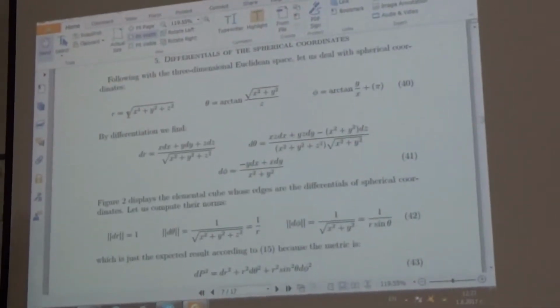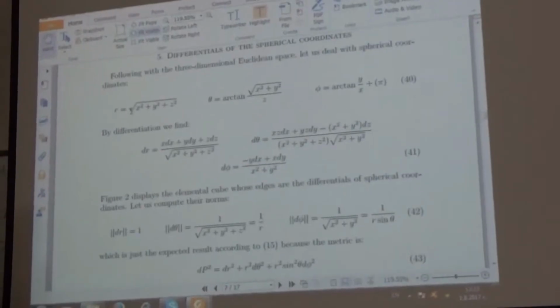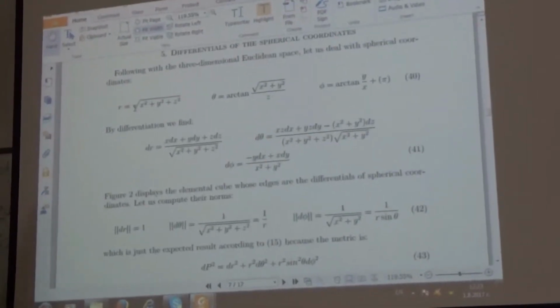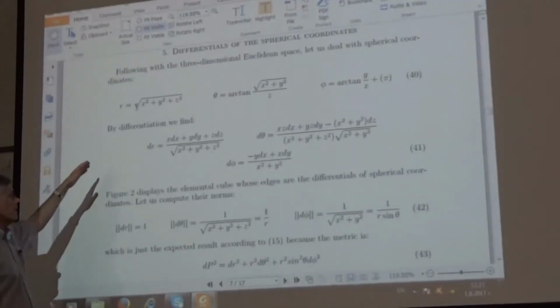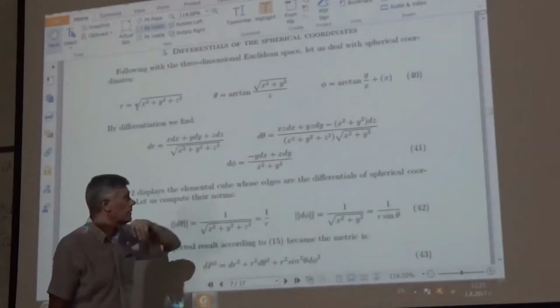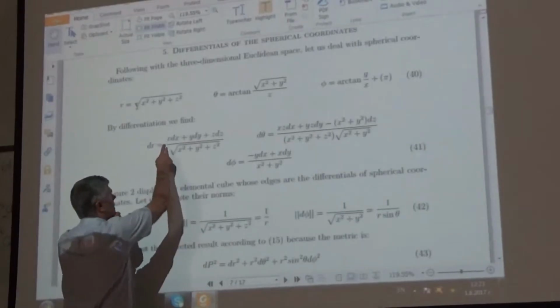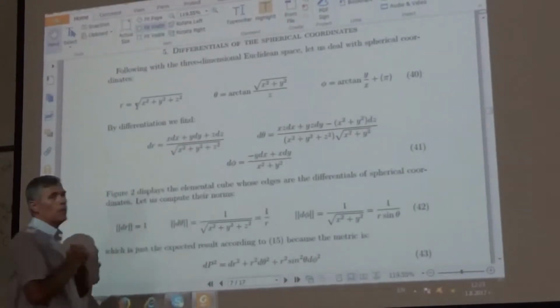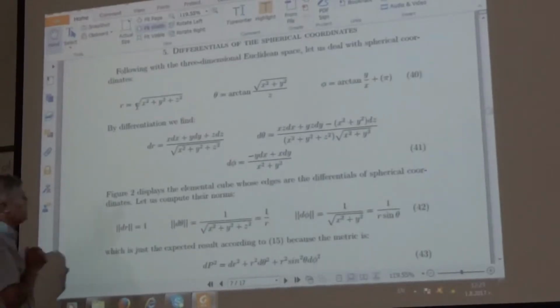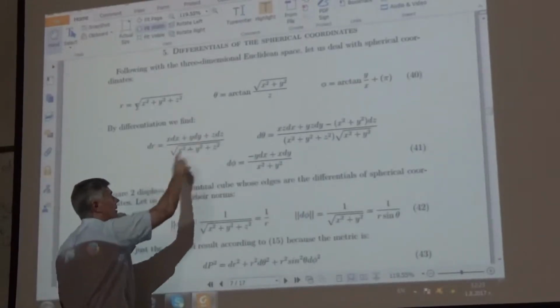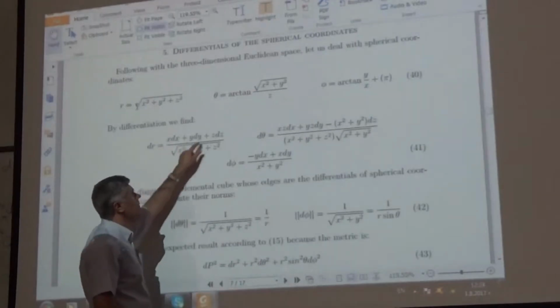Let us see the consistency of this scalar product of differentials. We have here the spherical coordinates. We can differentiate in the usual way. Okay? So is this a scalar numerator? No. This is a numerator of vectorial kind, because we have a linear combination of differentials.